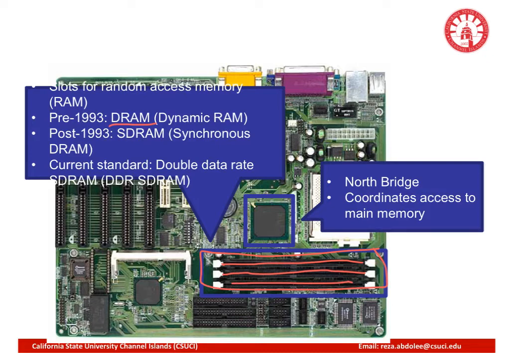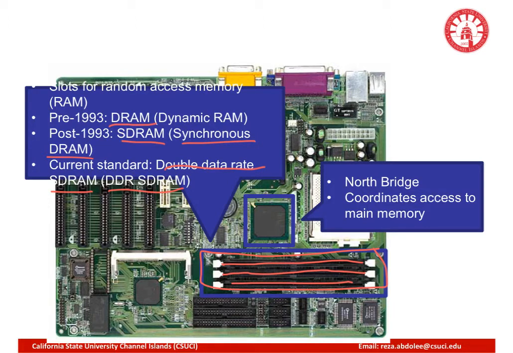And after 1993, we had newer technology for RAM, which is called SDRAM, or synchronous DRAM. And then the newer version and technology for these RAMs is double data rate SDRAM, or in short, we call them DDR SDRAM.